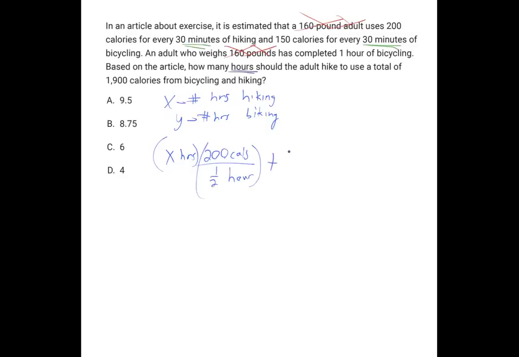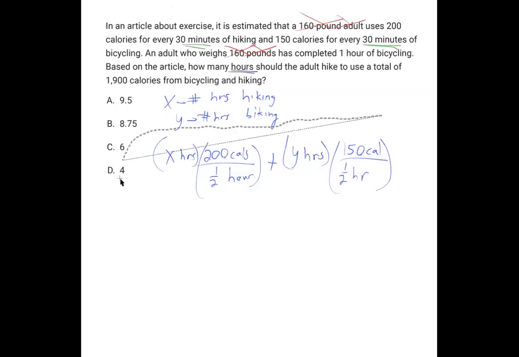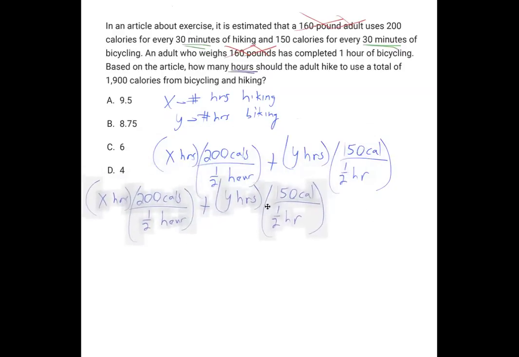And then there's going to be Y hours biking. And for that, we have 150 calories for every half an hour of biking. So let's write that in, 150 calories for every 1/2 hour there. And in the end, this is all supposed to equal 1,900 calories.